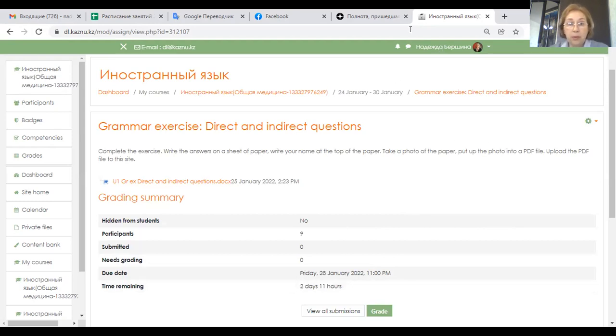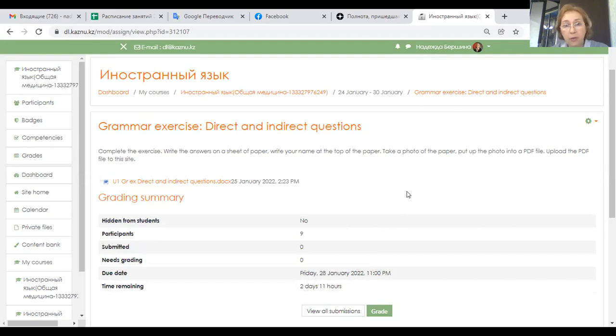Well, Doctor, I have a question about the exercise. Can we make it in a Word document and after that in a PDF, or should we write on paper? You should handwrite them, because sometimes students take a copy from a friend's paper and just upload it.